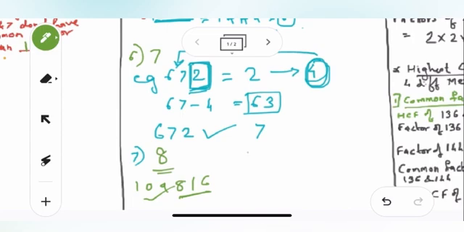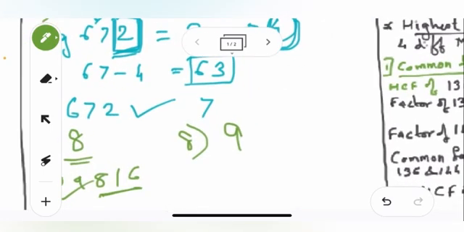If I see the next one, the divisibility test for 9. Here again the divisibility test by 9 is similar to the divisibility test by 3. Here you will add all the digits, the sum of all the digits, and that sum should come in the table of 9. Then it is said to be divisible by 9.